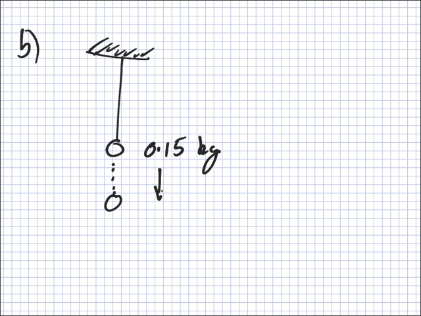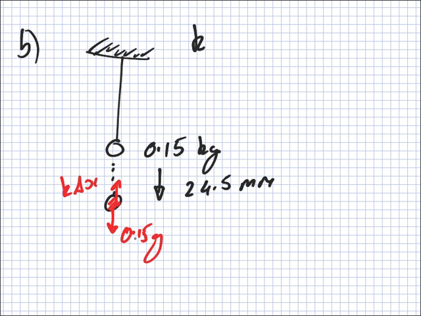The spring is hanging from the ceiling vertically down. And you have a 0.15 kilogram mass attached. And this causes the spring to extend by 24.5 millimeters. What's the K? First things first, if it's in equilibrium here, you have a weight and you have an up force from Hooke, which is K delta X. So of course it must be that K delta X equals this.